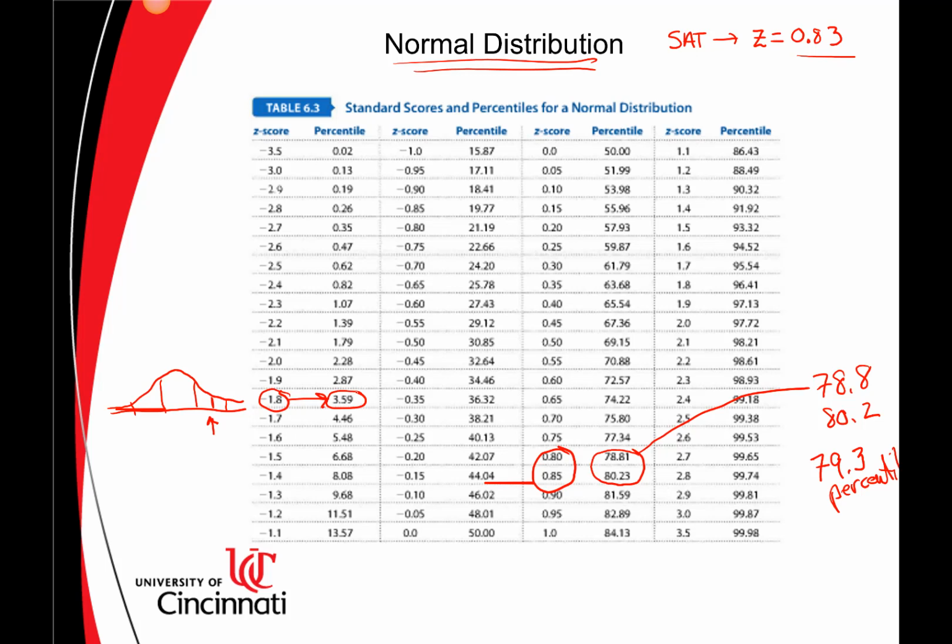Chest size about 43, waist size 32. That's an 11-inch drop. Good luck trying to find one. It'd be a whole lot nicer to be in the middle. Sometimes. I'm not complaining. So sometimes being in the middle is good. There's nothing wrong with being average. Depends on what it's about. Does it make sense on how to do z-scores?